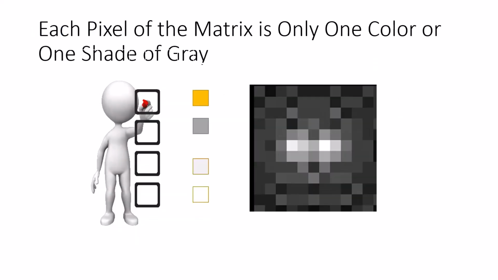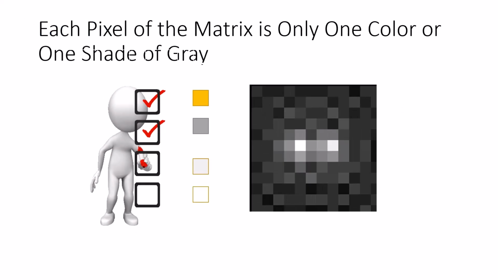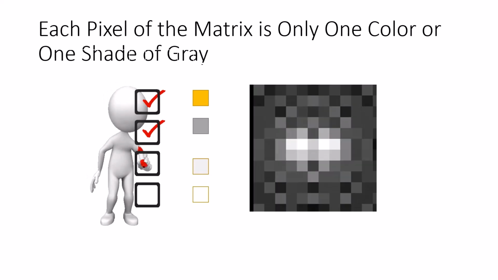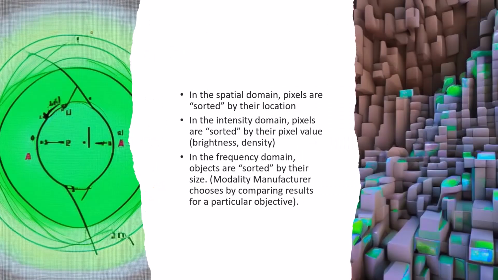The voxel gives us depth and many shades of gray, but each pixel, which is only the two-dimensional image, not the three-dimensional, just two on the matrix, gives us only one color or one shade of gray. There can be no gradients, there can be no other thing there except one color and one shade of gray. We get the shades of gray by measuring the voxel or the depth.